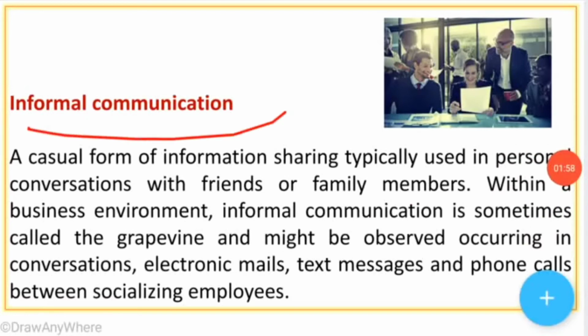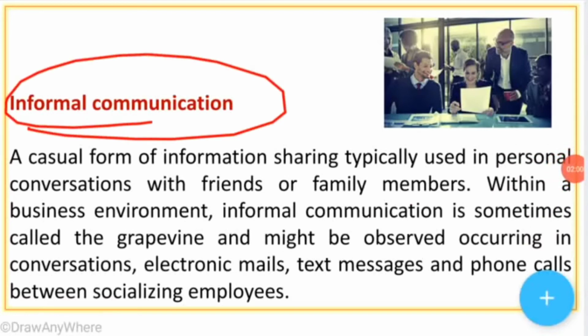Next one, informal communication. This is a casual or unofficial type of communication. Under this type, information is exchanged between two or more persons without any formality or official rules.